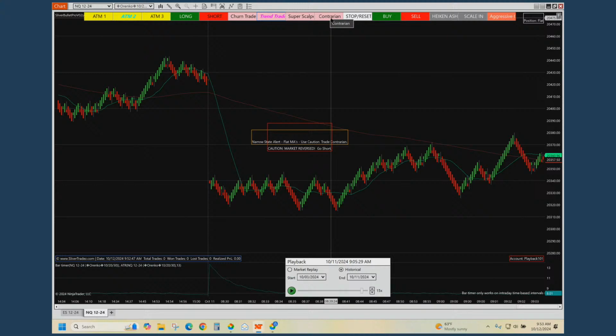Contrarian is good for a range-bound market, and that's my favorite strategy. So I had used that, but now I want to show you the capability of a different strategy, which is trend trades, and that's useful when the market has achieved some kind of trend.